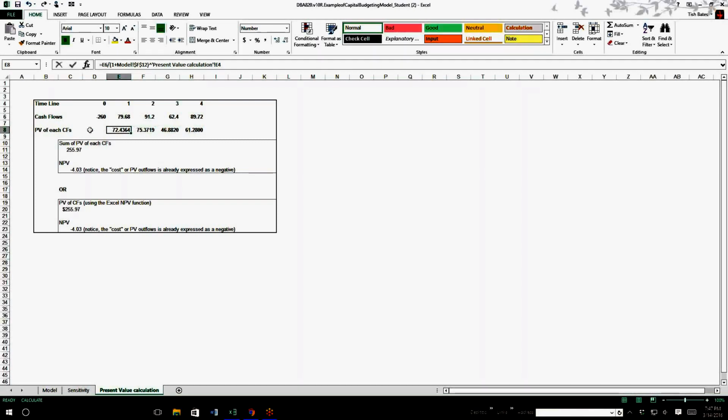You should be able to pull from what's over here to what's in here, and then figure out the net present value. So this is the sum of the present value of each cash flow, and this is the present value of cash flows using Excel net present value.